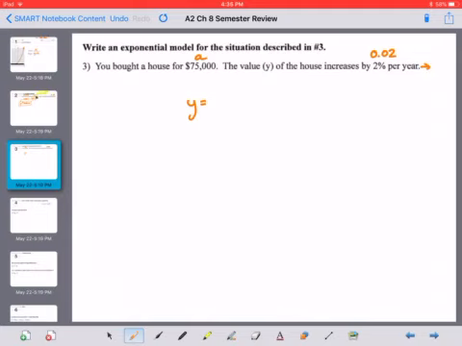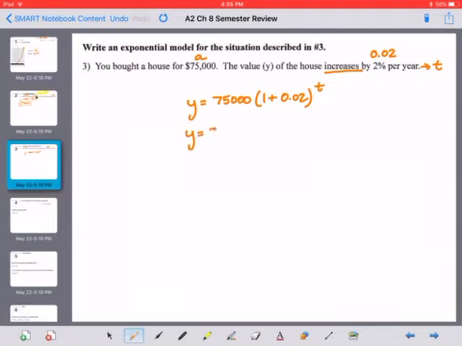And for the years, we'll use t for time. So our amount is 75,000 times (1 plus 0.02) to the power of t. Since it's increasing, that's why we're adding the interest rate on.